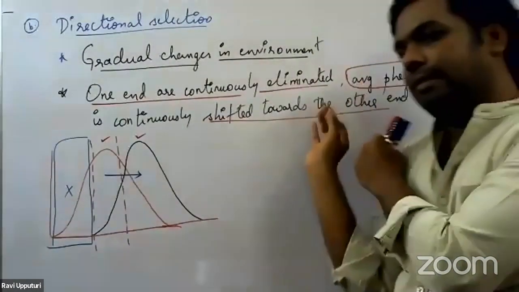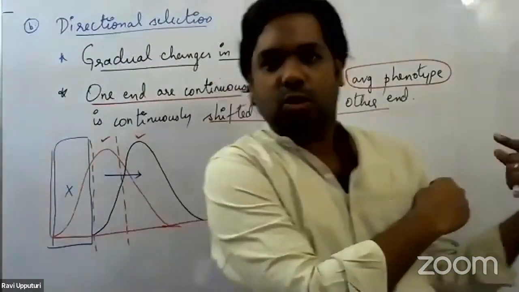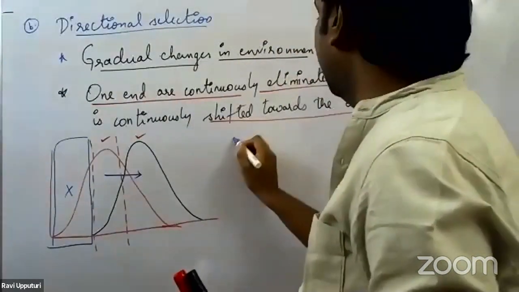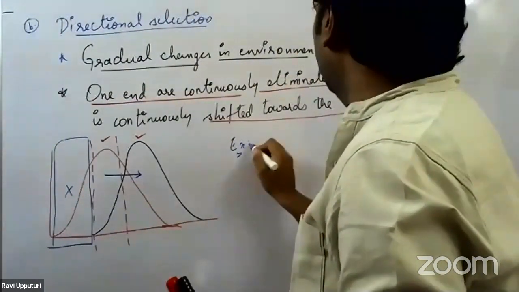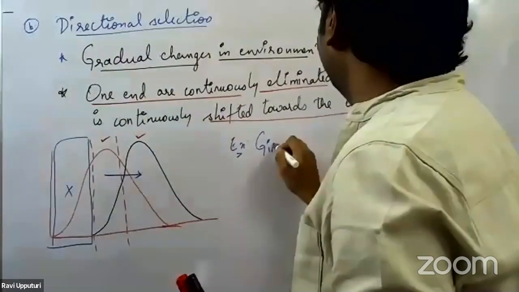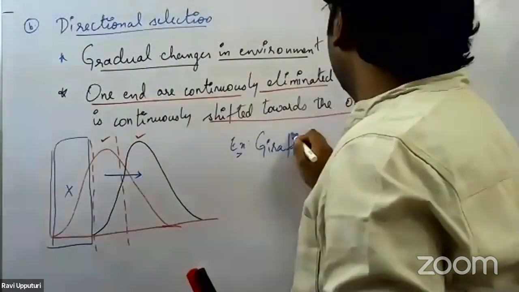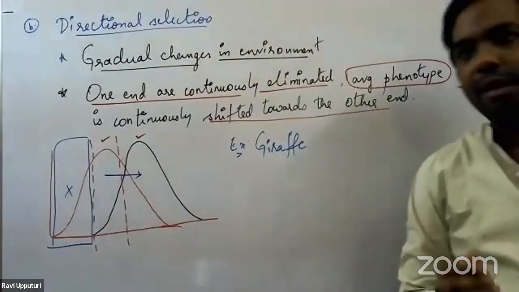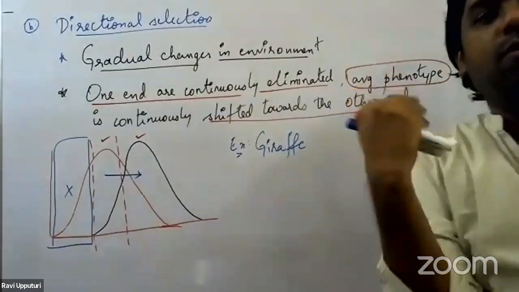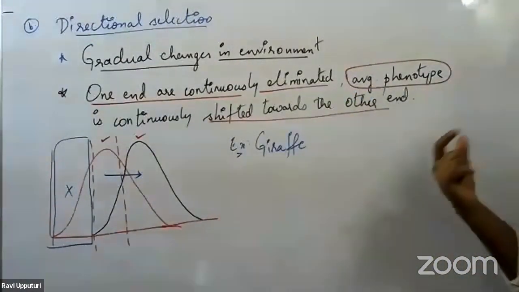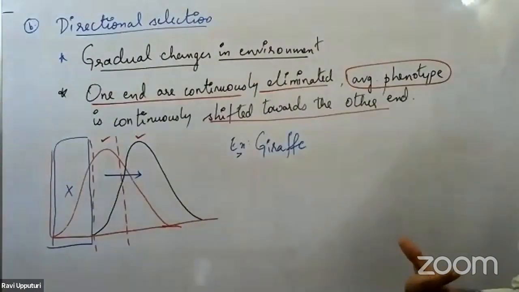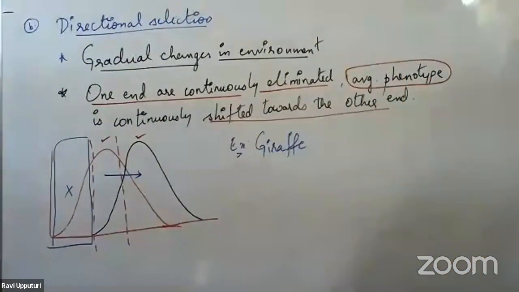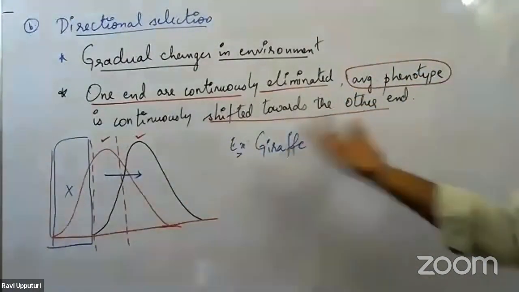This is what we call directional selection. We can take a couple of examples to understand it. The best example we can give here is the giraffe. We have already seen how the giraffe evolved as per Lamarck's theory: because of the usage of some of its organs, such as the neck and the forelimbs, they got enlarged, a longer neck was seen, and that organism evolved into the giraffe.